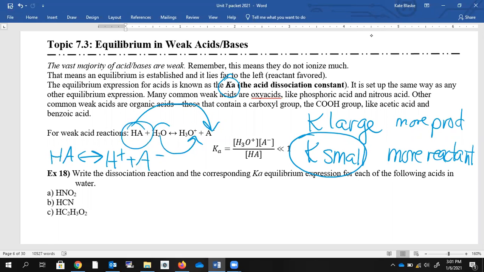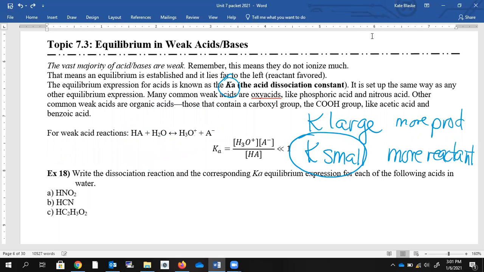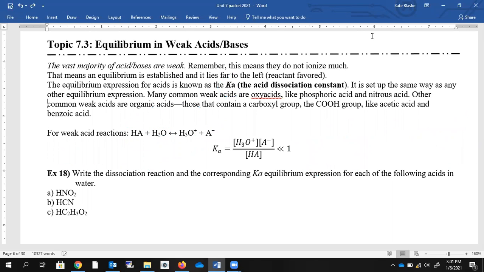So pure water, H2O, is a liquid. It is not going to show up in my equilibrium expression. So my equilibrium expression can either be the way it is typed on your page, based on this reaction. H3O plus is that hydronium ion, A minus is that conjugate base, HA is my acid.